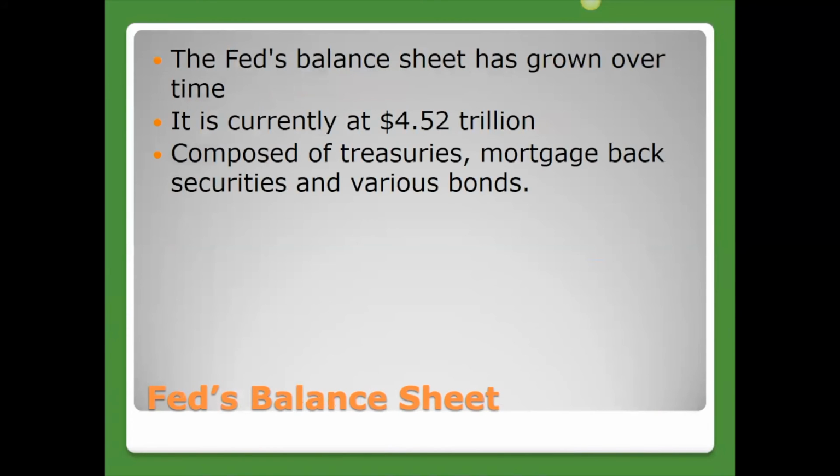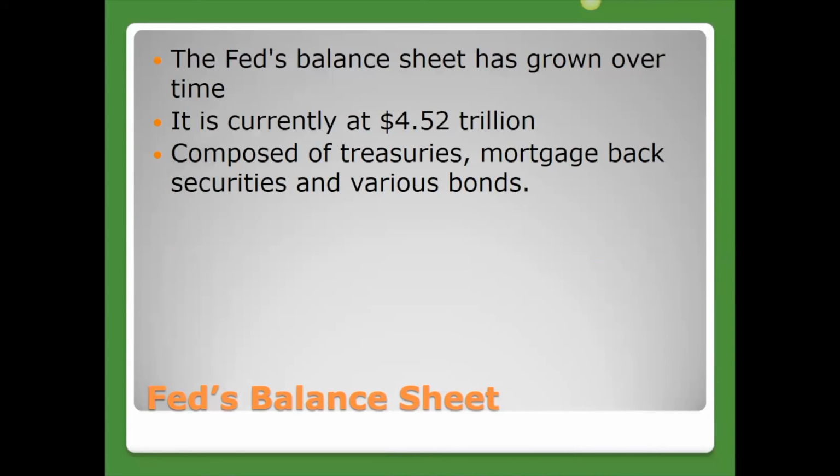So over the last few years, as we have talked, the Fed's balance sheet has grown. Right now, the Fed's balance sheet sits at about $4.52 trillion. So that's how much stuff they are holding, how many securities they're holding on their balance sheet.